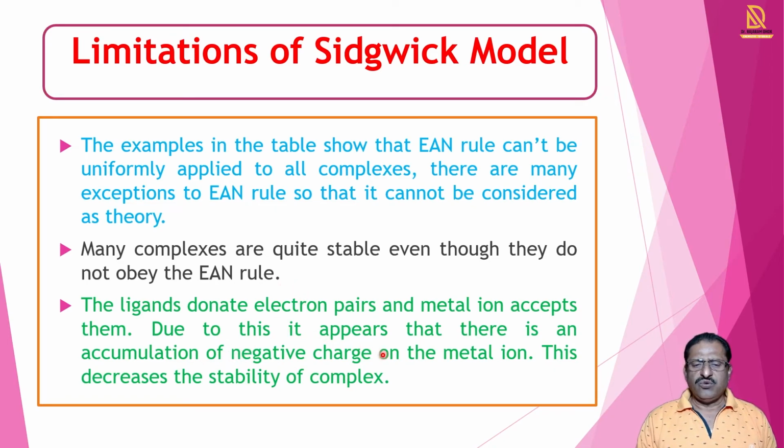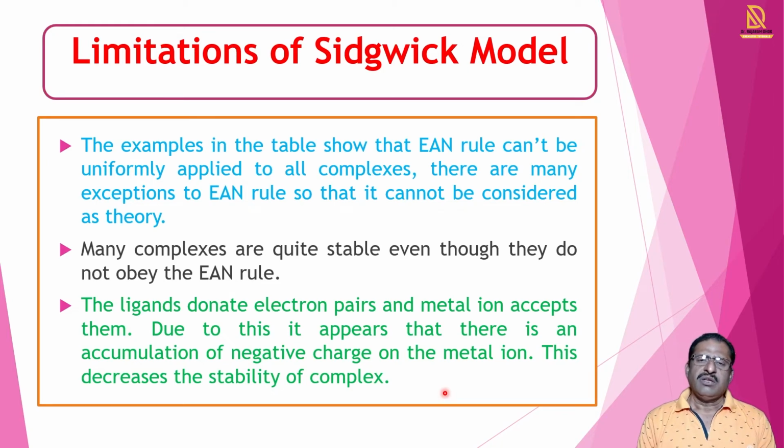Then, ligands donate electron pairs and the metal ion accepts them. Due to this, it appears that there is an accumulation of negative charge on the metal ion, and this decreases the stability of the complex.